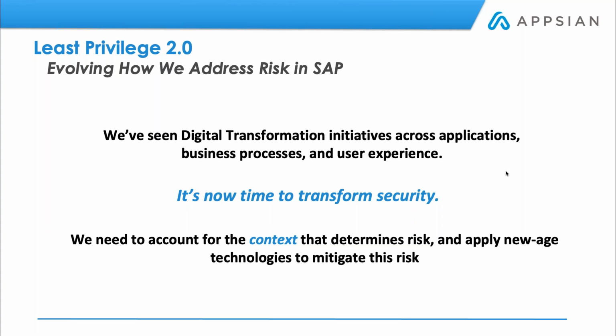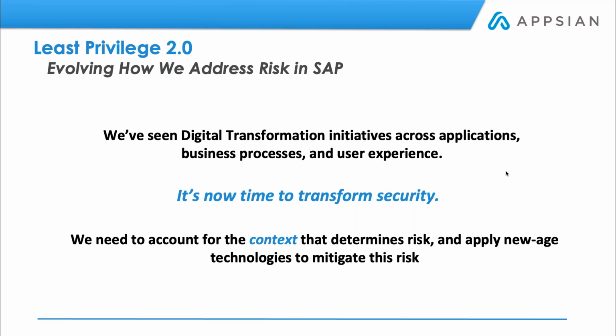So one of the things that we need to account for, especially with least privilege, is context, because context can help you determine risk. And when you can help determine the risk, that's how you can then control your risk at a better level. Ultimately, kind of what we talked about earlier is risk, specifically security is about managing risk.